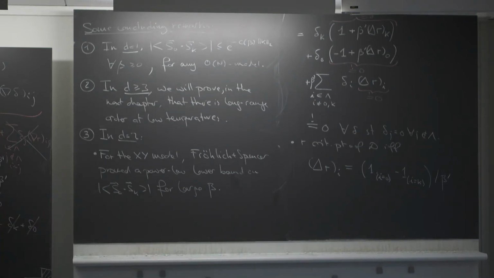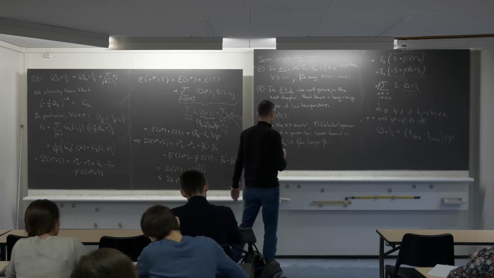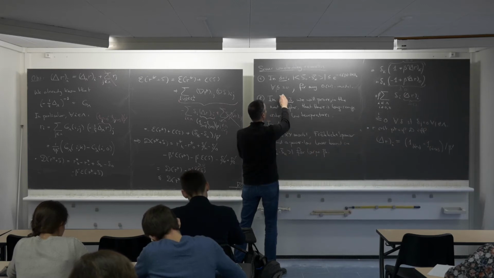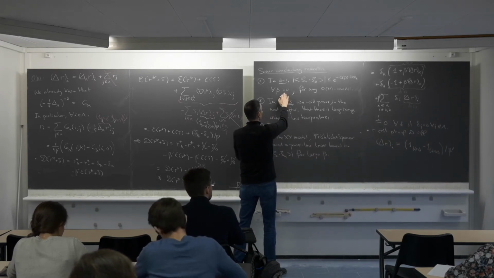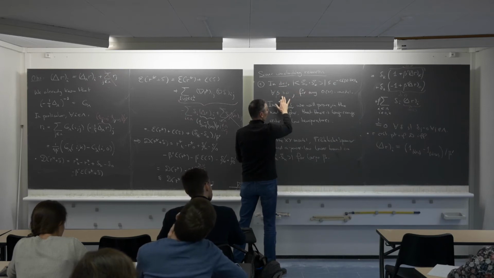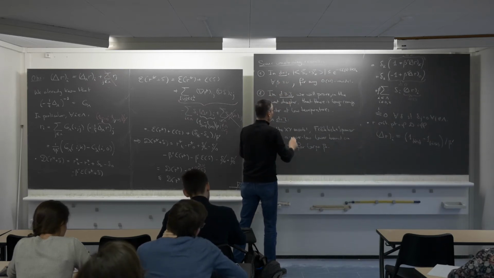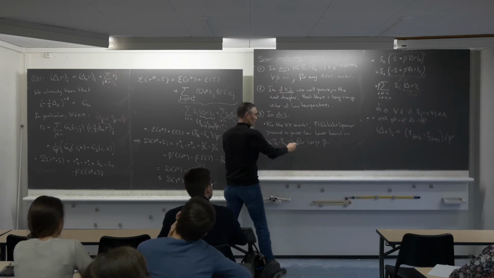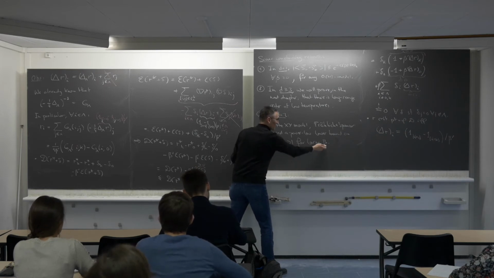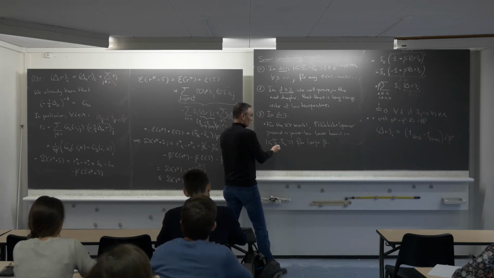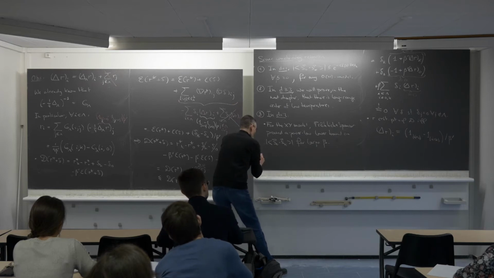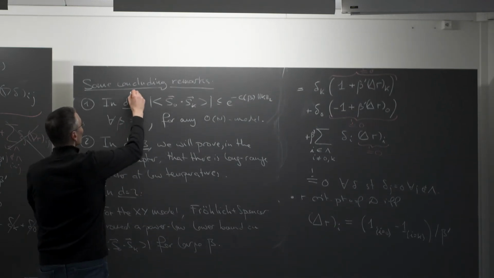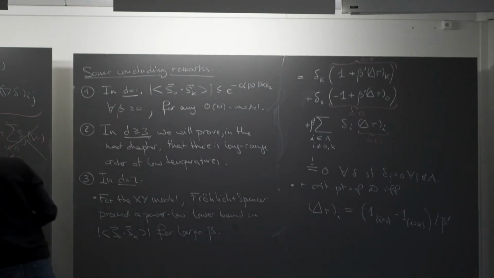And one thing I wanted to say: of course, at very small beta, I mentioned it orally, but I should say, in dimension 1 you always have exponential decay at every temperature, but in any dimension, you have exponential decay at sufficiently high temperature. So the restriction to large beta is again completely natural.